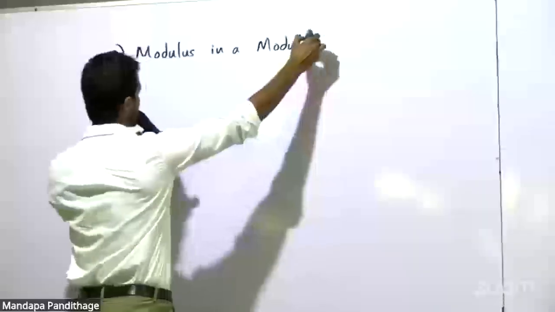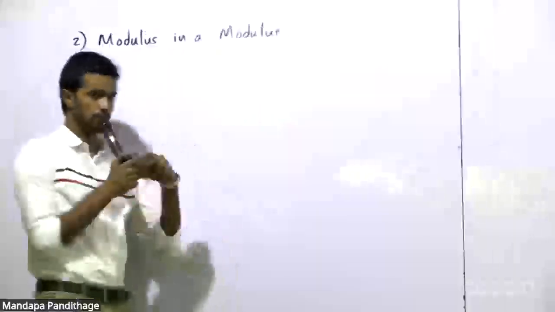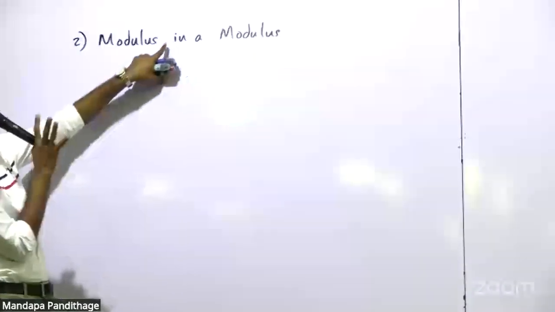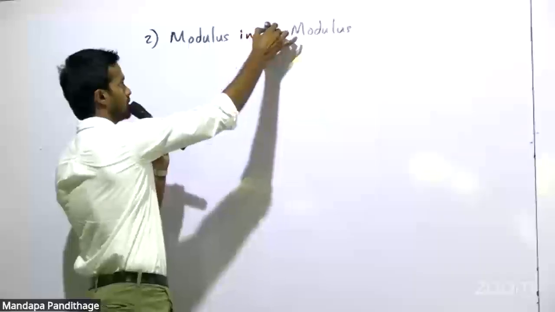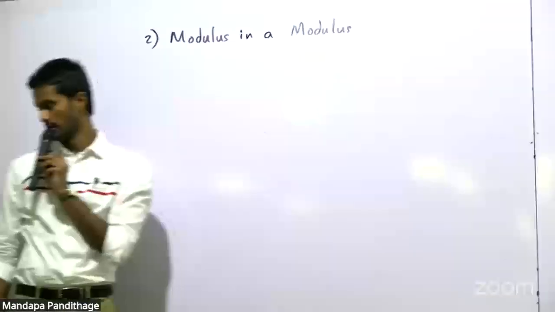Put number 2 using a black pen and write this: graphs of functions consisting of a modulus in a modulus.